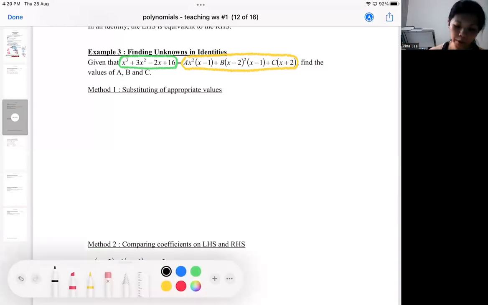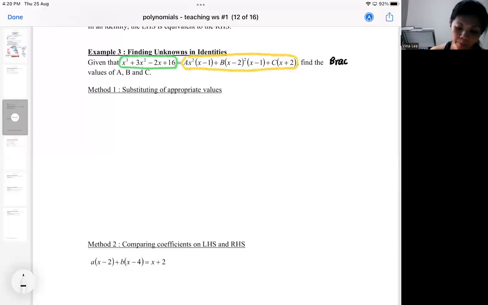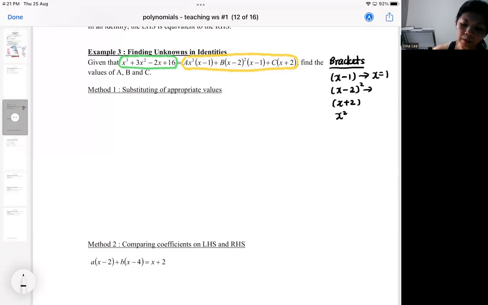So you look at the question, which are the brackets? You got x minus 1, you got x minus 2, you got x plus 2, and you also got x squared. Here, I will think of x equal to 1, because 1 minus 1 will give a 0.